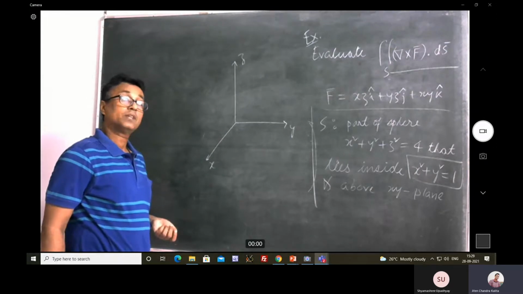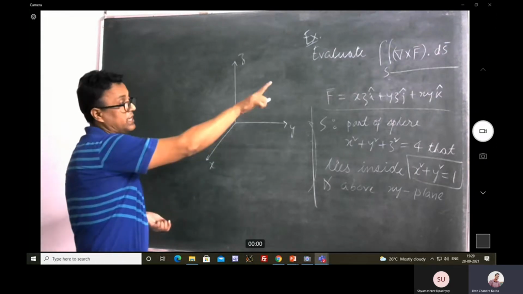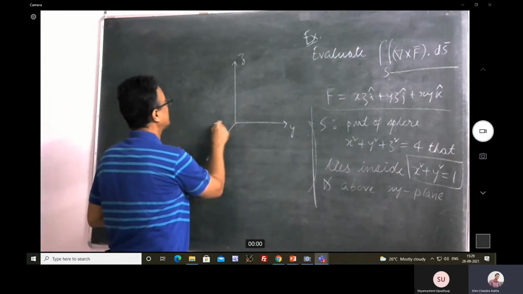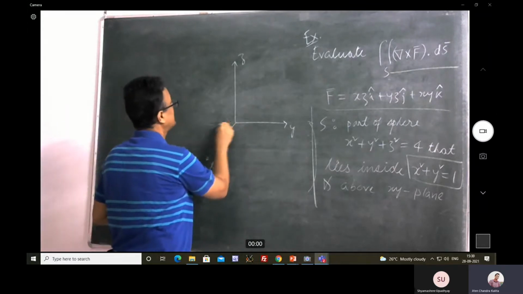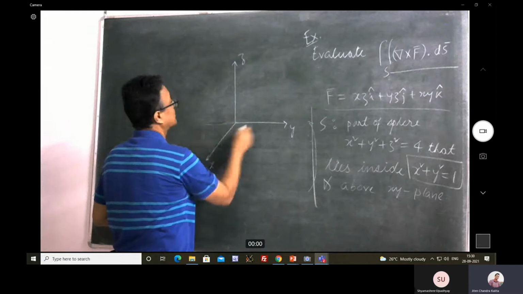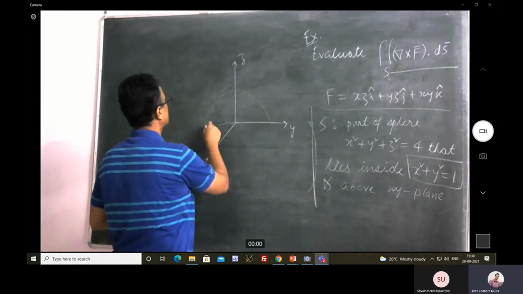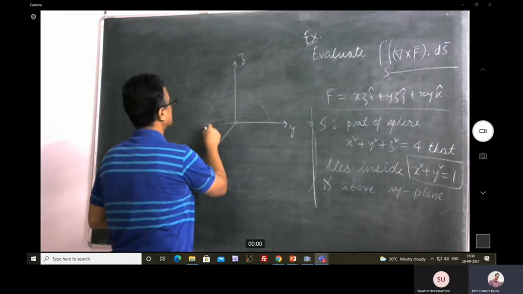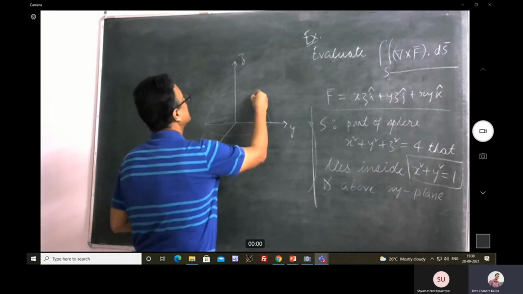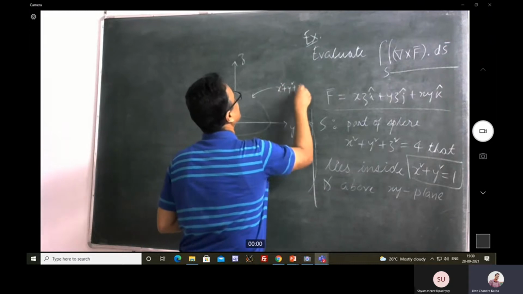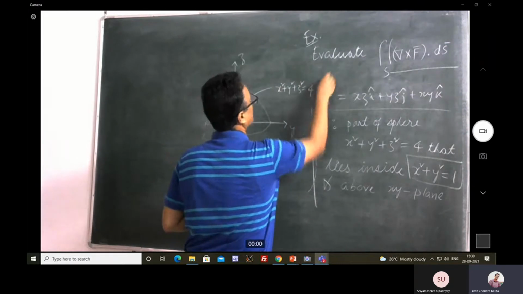So whenever we consider the sphere of radius 2, we are always going to consider it in the upper hemisphere. It is going to be something like this. This is the sphere x squared plus y squared plus z squared equal to 4.